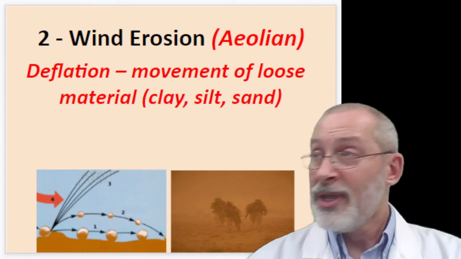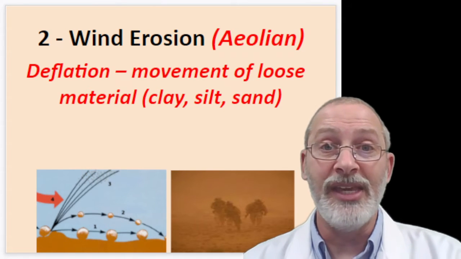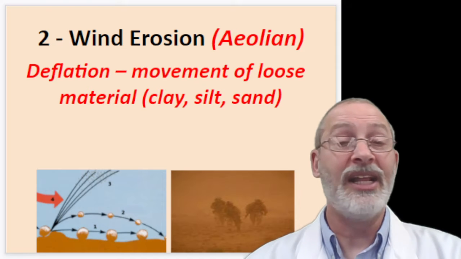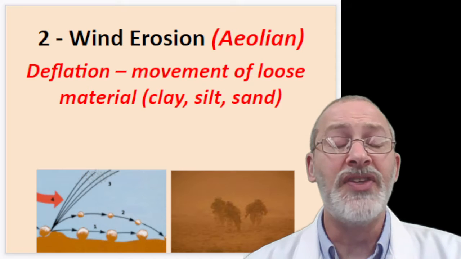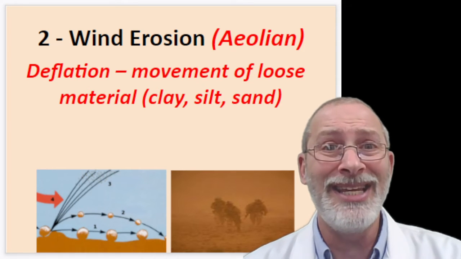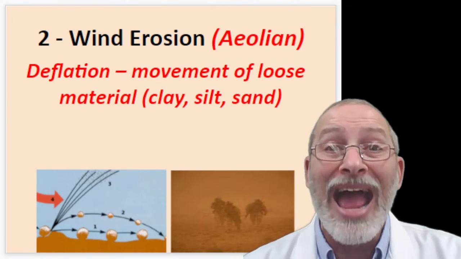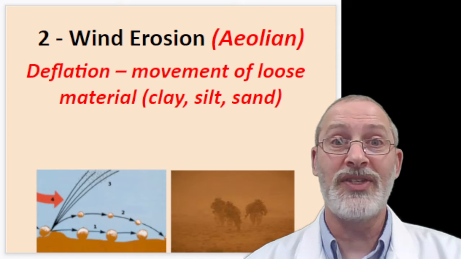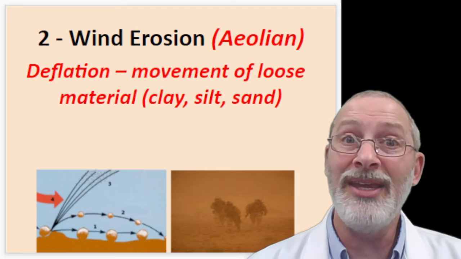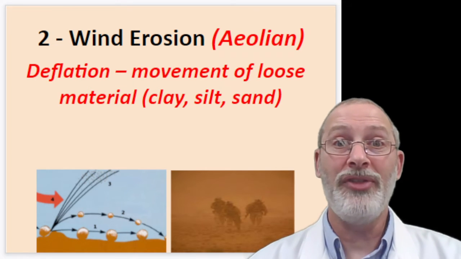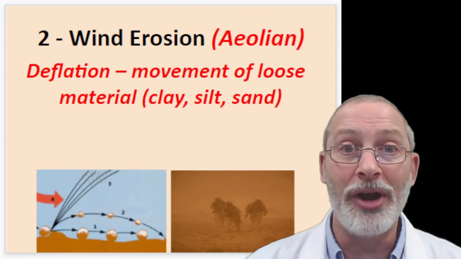In fact, much of the silt and clay that is picked up by winds in the Sahara Desert in the continent of Africa are carried all the way across the Atlantic Ocean and deposited in South America, over the tropical rainforest.